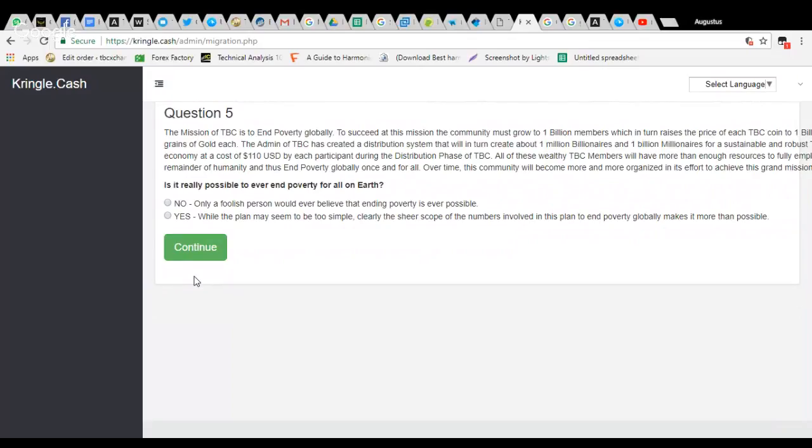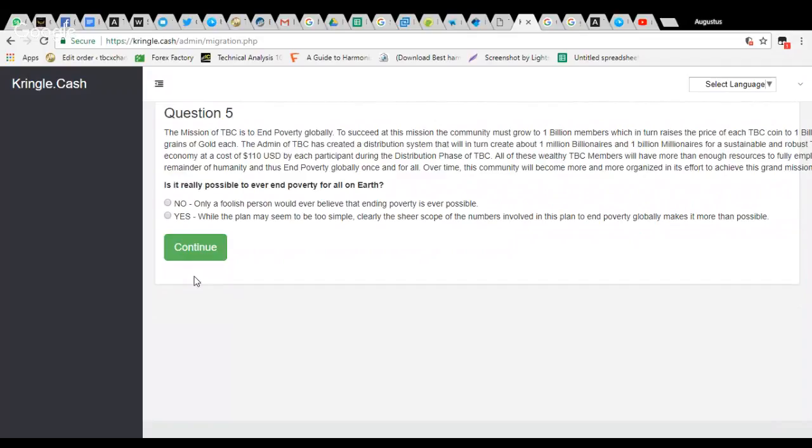The mission of TVC is to end poverty globally. To succeed at this mission, the community must grow to 1 billion members, which raises the price of each TVC coin to 1 billion grains of gold each.